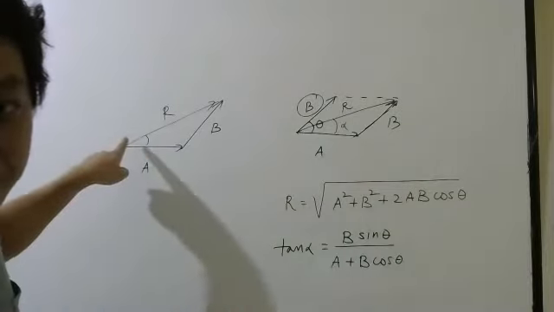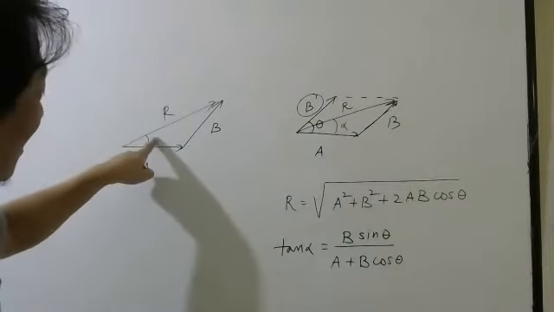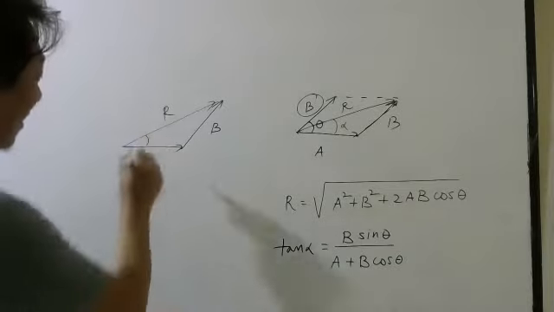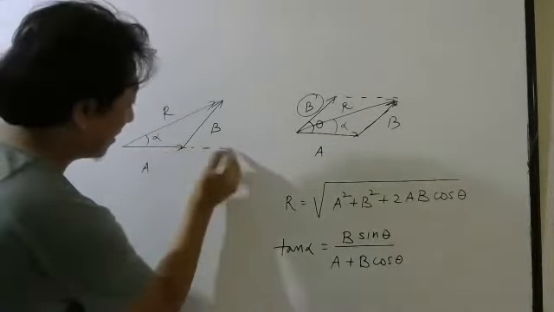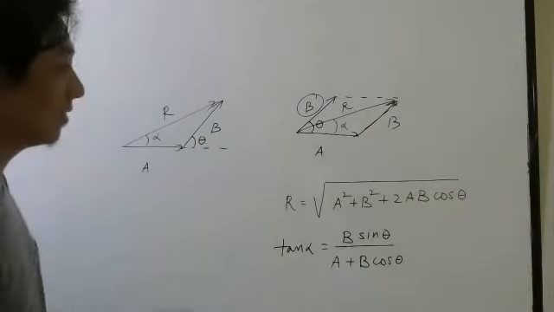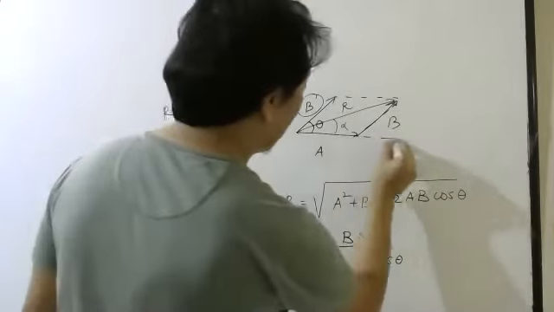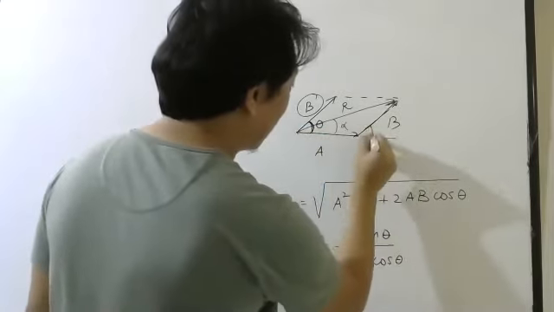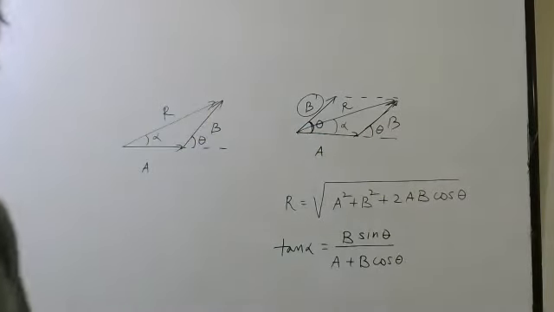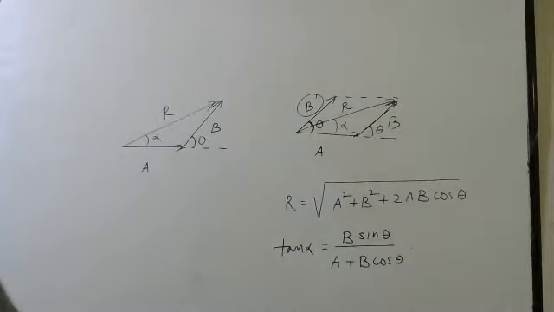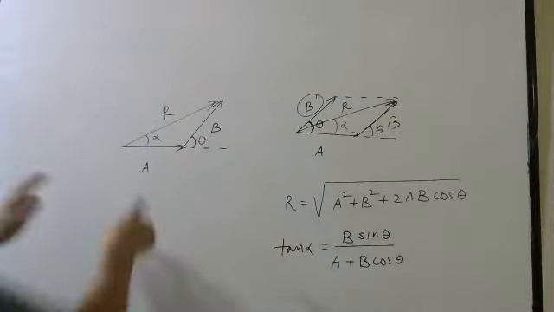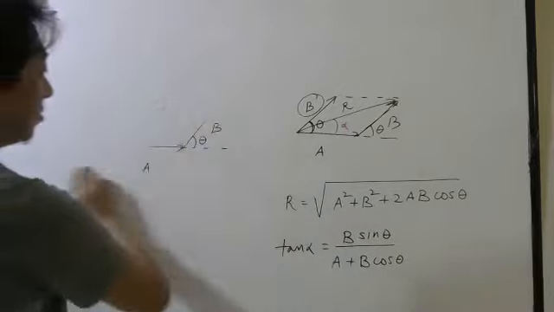Be careful. This is alpha. Then where is theta? You have to extend this line. This is theta, because if you extend this line, this theta will be the same as this theta. Agree, everyone? Okay, fine. So you can use either diagram, no problem.